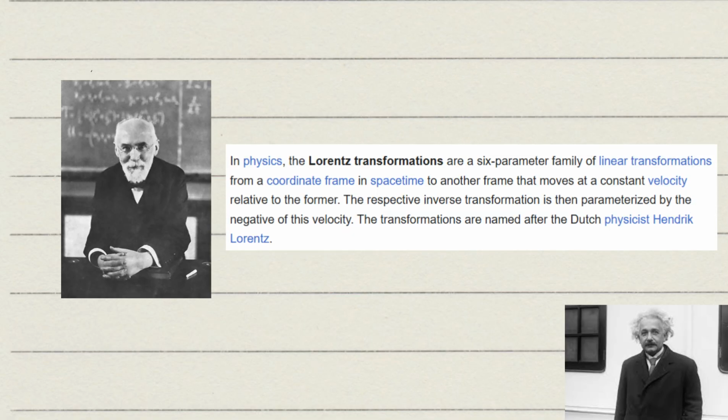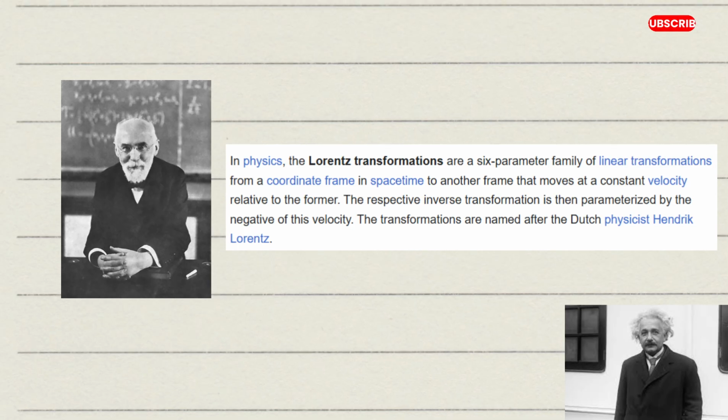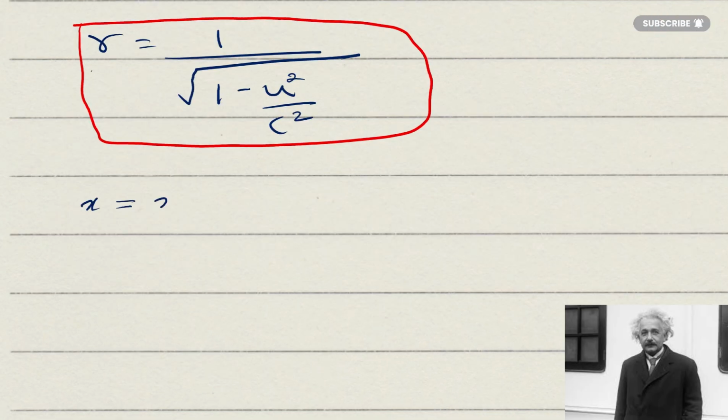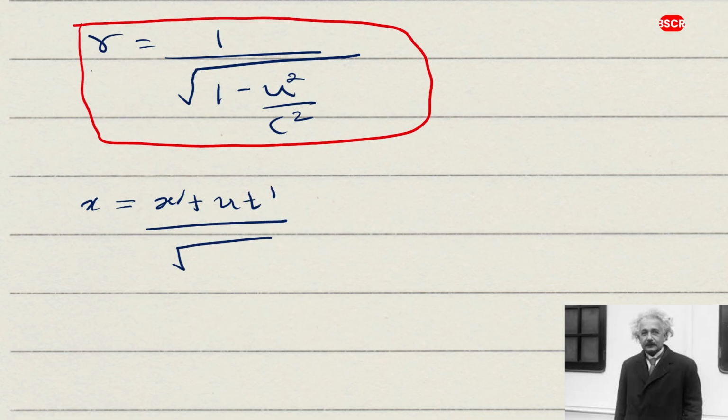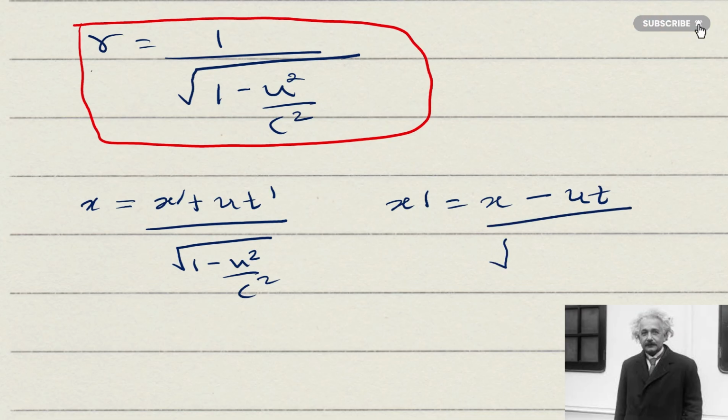And so we see that if we apply this transform, x is equal to x prime plus ut prime divided by the square root of 1 minus u squared over c squared, and x prime becomes x minus ut divided by the square root of 1 minus u squared over c squared.